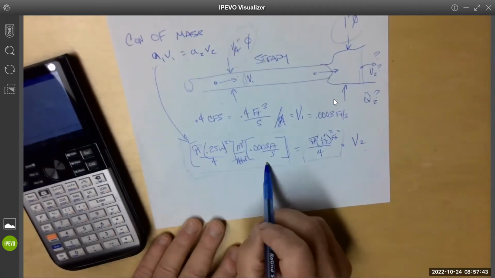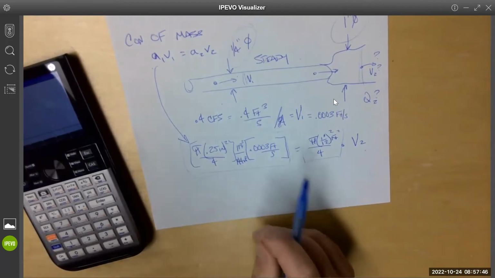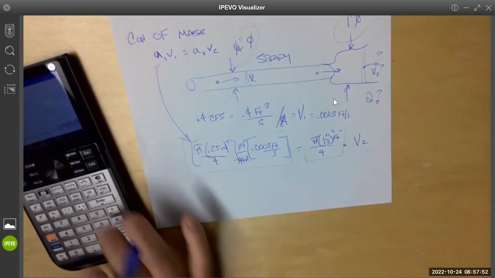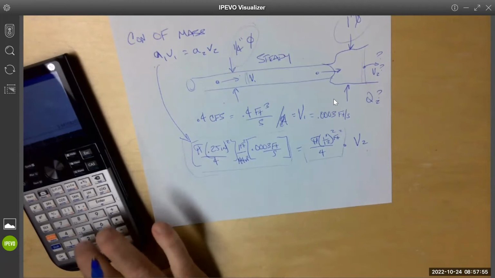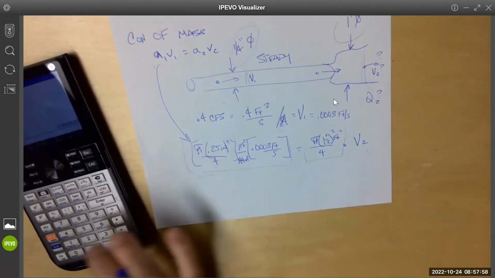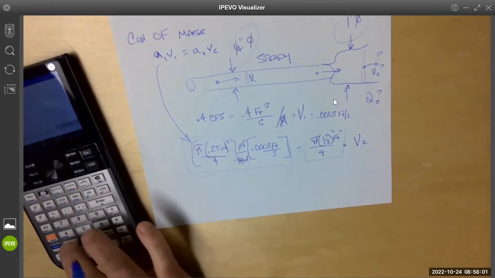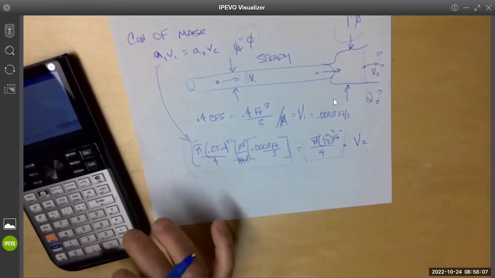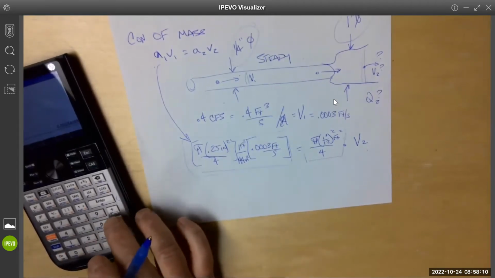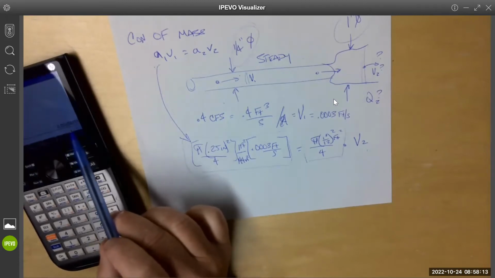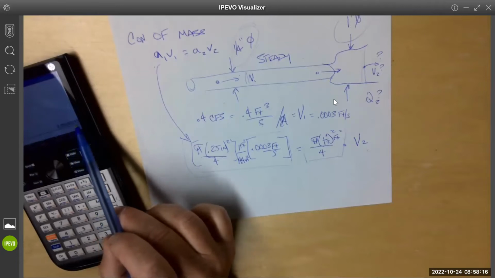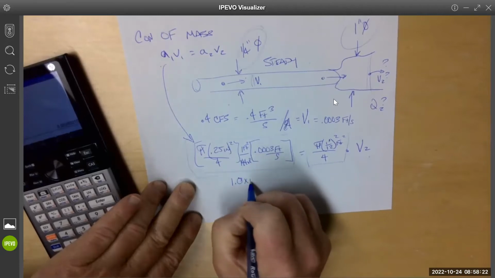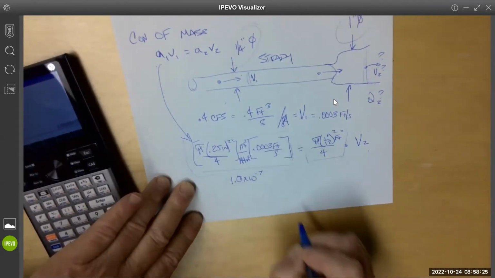A1, V1. 10.2 times 10 to the negative... I don't know, it's really tiny. It's a lot of zeros. Yeah, so I got 10 to the 7. So for this, I got 1.0 times 10 to the negative 7.